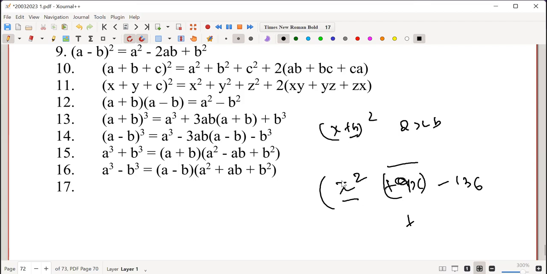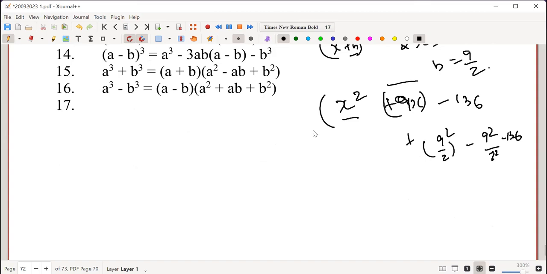So 2b equal to 9. B equal to 9 by 2. So to complete it as a square, I have to write 9 by 2 whole square plus b square minus b square minus 136. Okay.